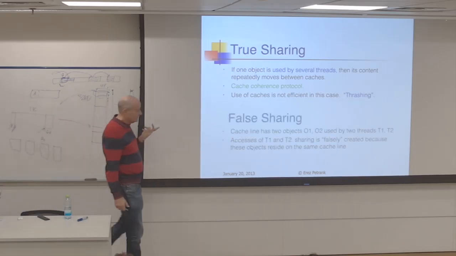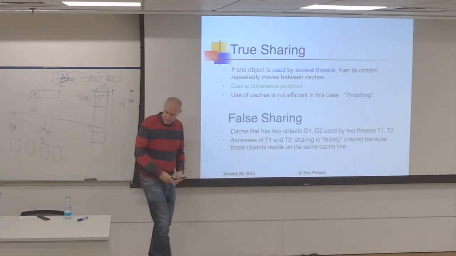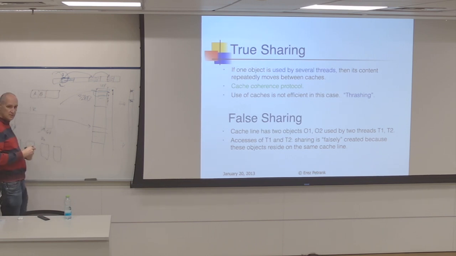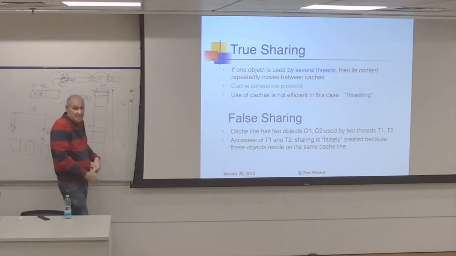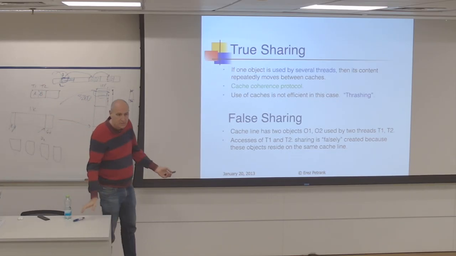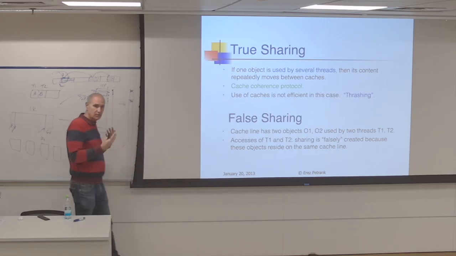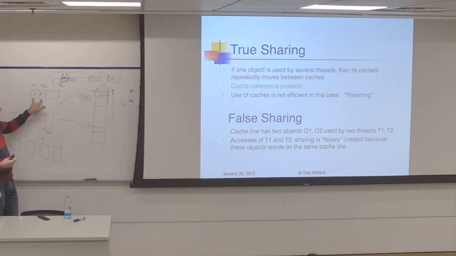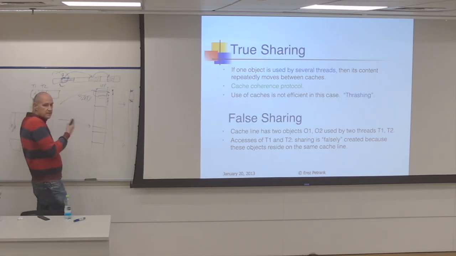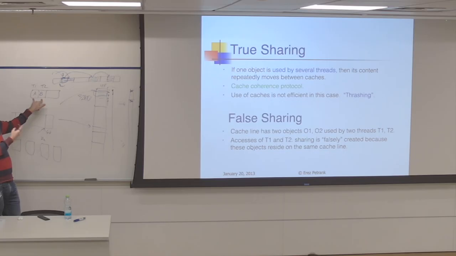Now, what could happen, and this is called false sharing, is suppose there are two objects, and thread one wants to use A and thread two wants to use B. And they don't even know that it is connected to the other objects, but somehow the allocator allocated both of them on the same cache line. Now, the computer doesn't care that it's two different objects. It's the same cache line.